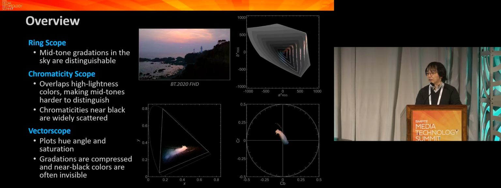In the chromaticity scope, the mid-tone gradations are overlapped by the bright colors, and also the chromaticities near black are widely scattered. The vector scope plots the hue angle and saturation of the pale orange and pale purple. However, the gradations are compressed and near black colors are often invisible.